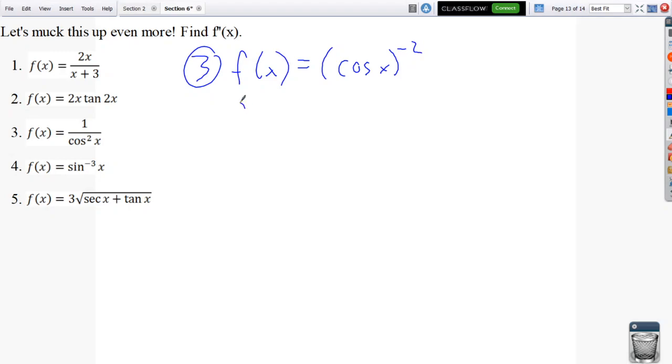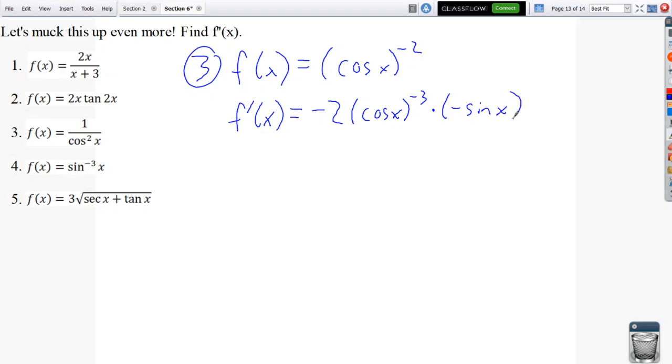So when I find my f prime of x, I'm going to go with my outside in strategy. My outside is just that negative second power. So the derivative of something to the negative second power is negative 2 times the something to the negative third power times the derivative of the something. Derivative of cosine would be negative sine of x.